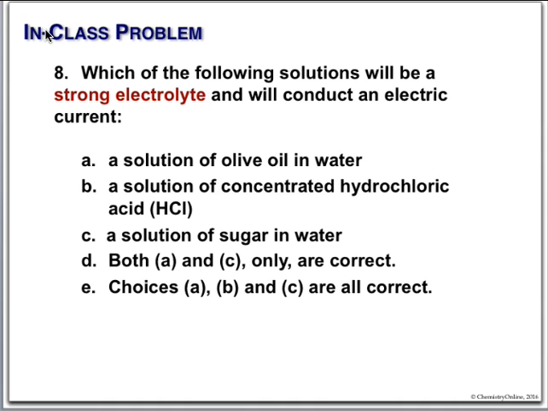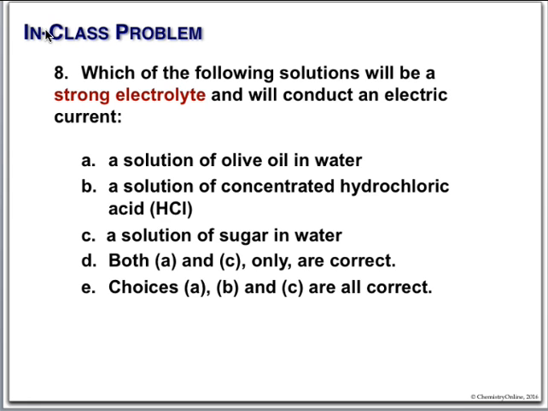Clearly not the oil, because it doesn't even dissolve, does it? It just floats on the top. Sugar? Sugar dissolves in water, but it doesn't ionize. Strong acids, however, fully dissociate into ions.